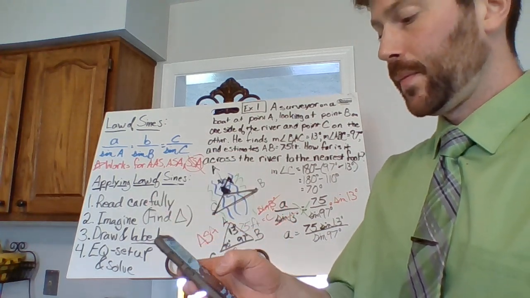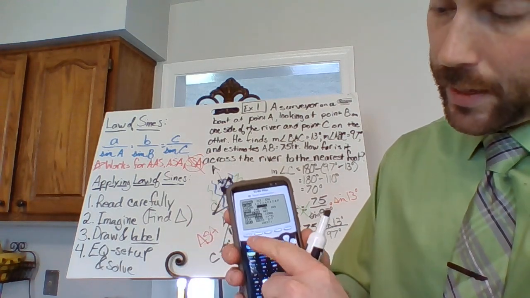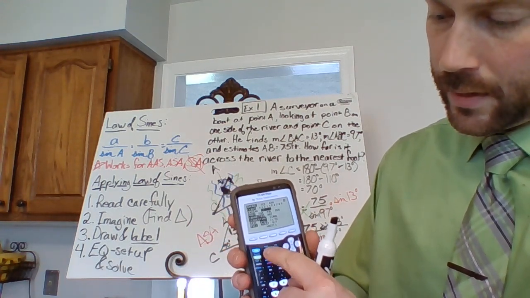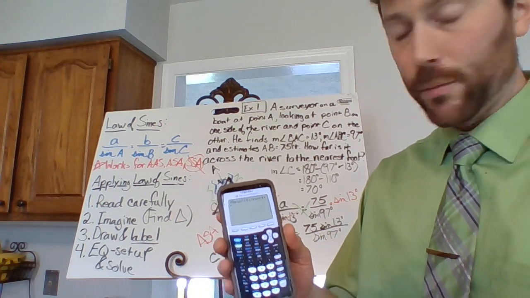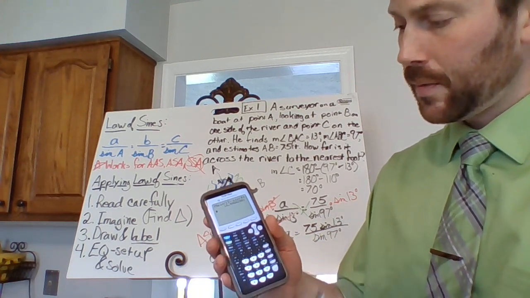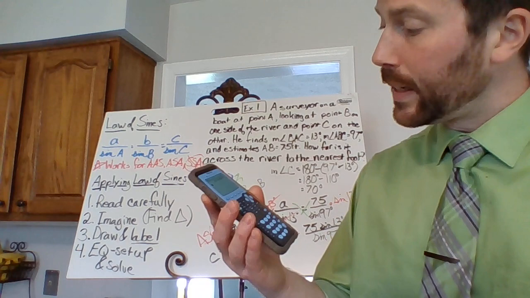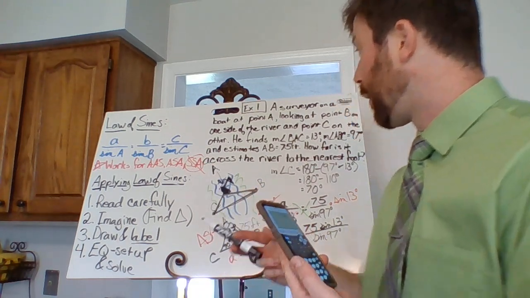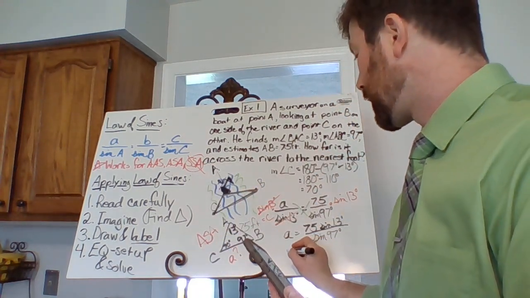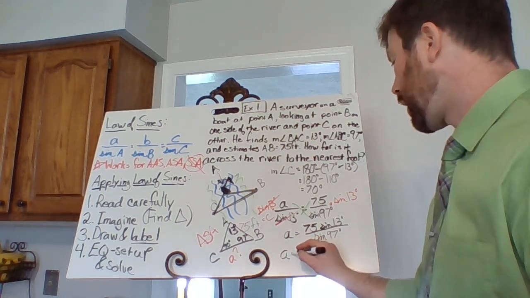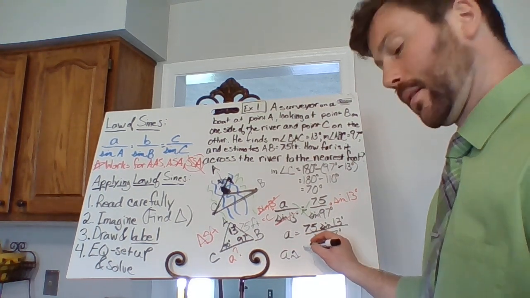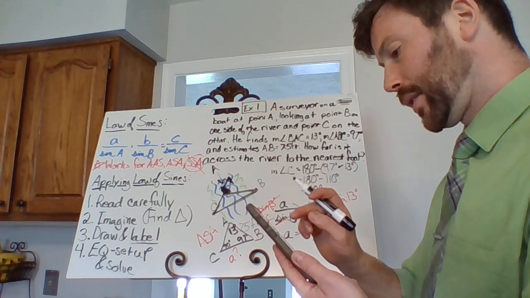So we're in degree mode. So when we get out of here, press second, quit. Okay, it'll take us back to the screen where we were typing. Press equals, and we get 16.998. Now it says to the nearest foot, so we can say that A is approximately equal to 17 feet.